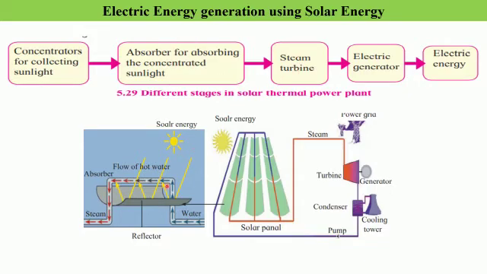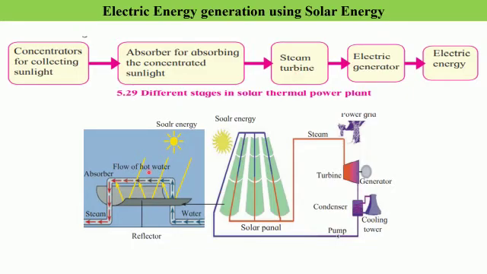Now once the heat radiations are reflected by the reflectors onto these absorbers, the heat radiations are absorbed by the water that is flowing. So water absorbs all the heat radiations and it gets heated up. After getting heated up, it gets converted into steam. This steam is used to drive the steam turbines.